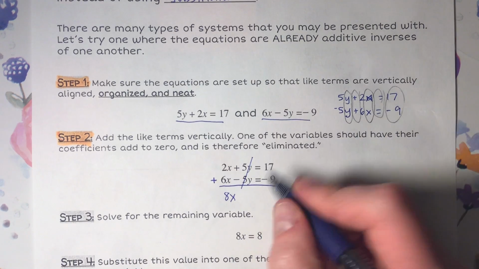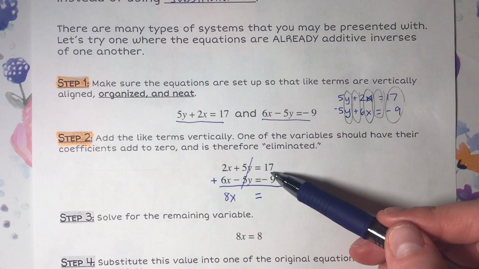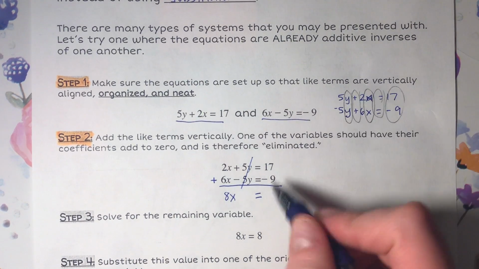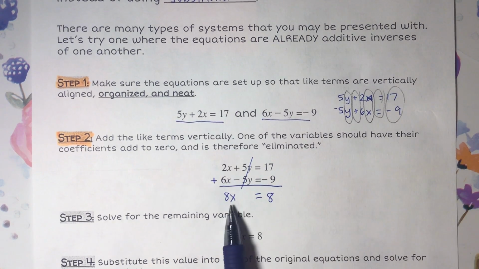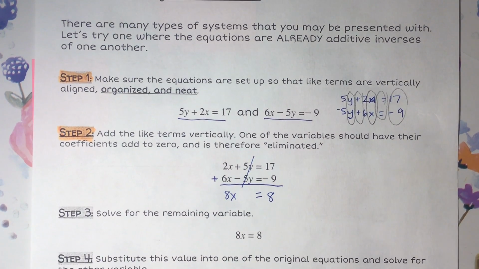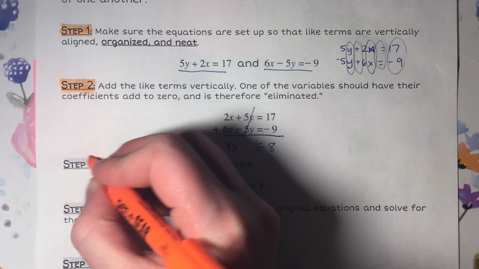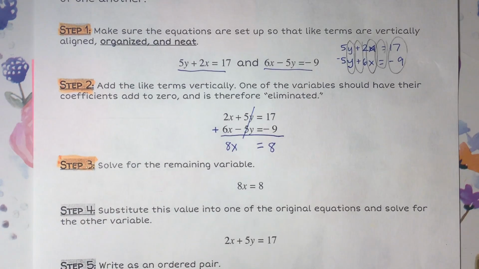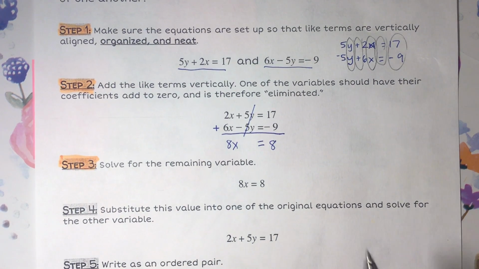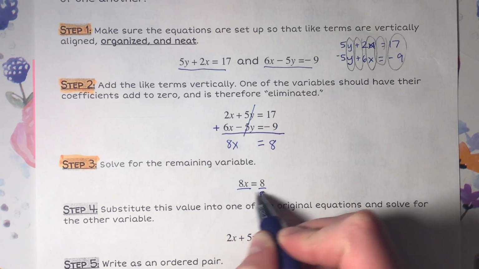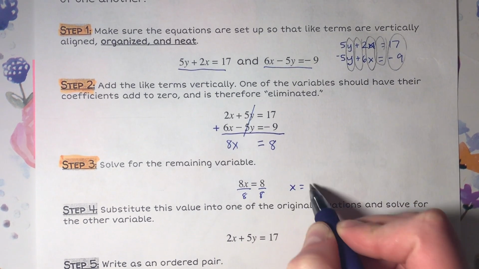Those cancel out. Is equal to 17 minus 9, which is 8. So now I have 8x is equal to 8. Once you have that worked out, you can solve for the variable that is remaining in that expression. So I have 8x is equal to 8, so I'm going to divide by 8 on both sides, and I get x is equal to 1.